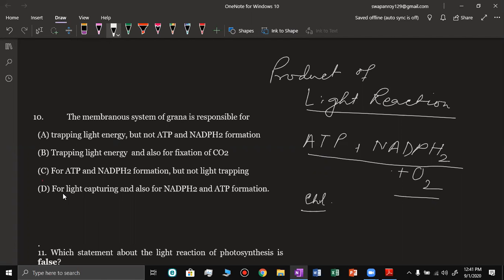So this is for light capturing and also for NADPH2 and ATP formation. Our answer is this.